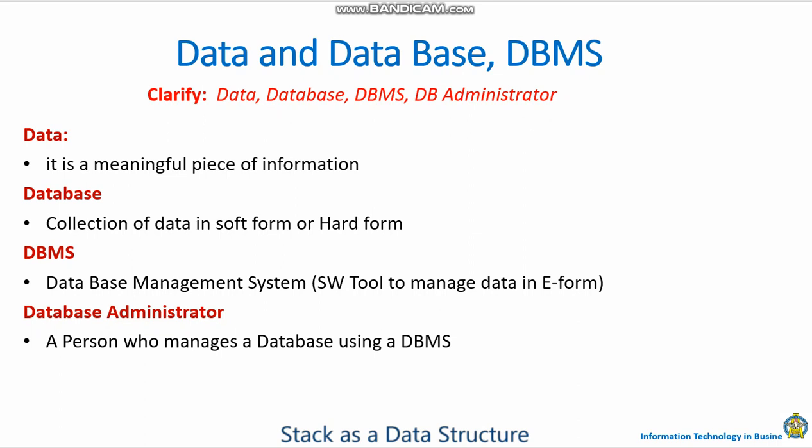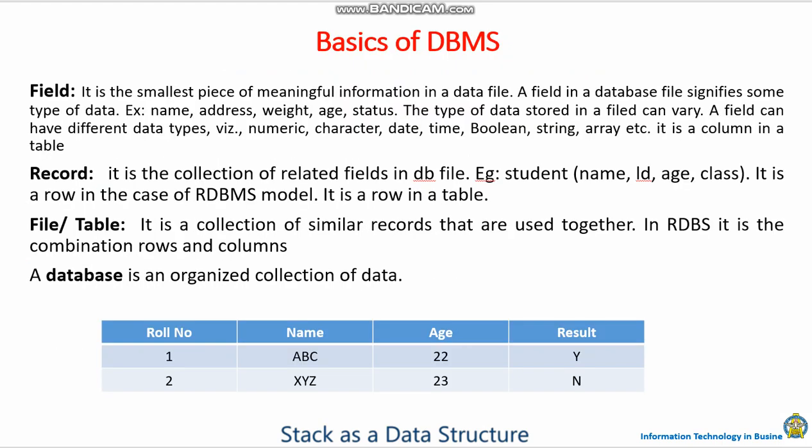All right. Let's go to the basic terms before we go into database management system. The first term is called a field. A field is the smallest piece of meaningful information in a database file. Now consider a file like this, where you have student information.